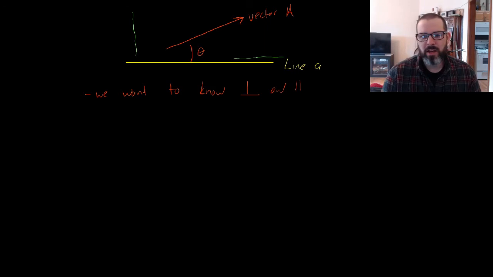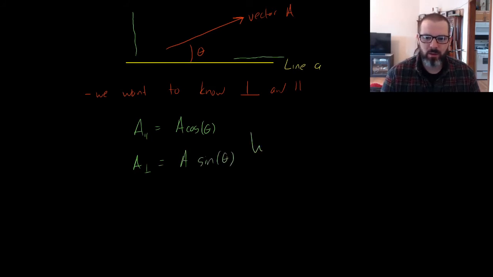If I want to know how much of this vector acts along line A in 2D, well, A parallel is just going to equal A cosine theta. A perpendicular is just going to equal A sine theta. And I say, wow, to that.